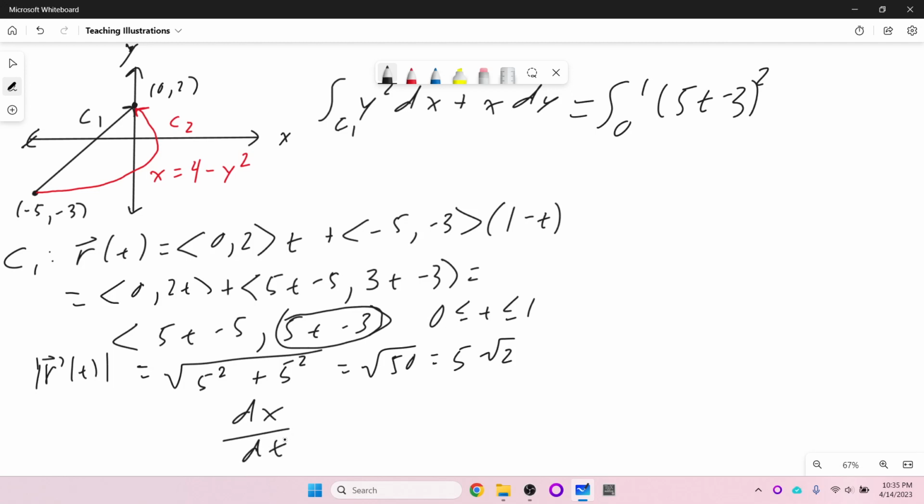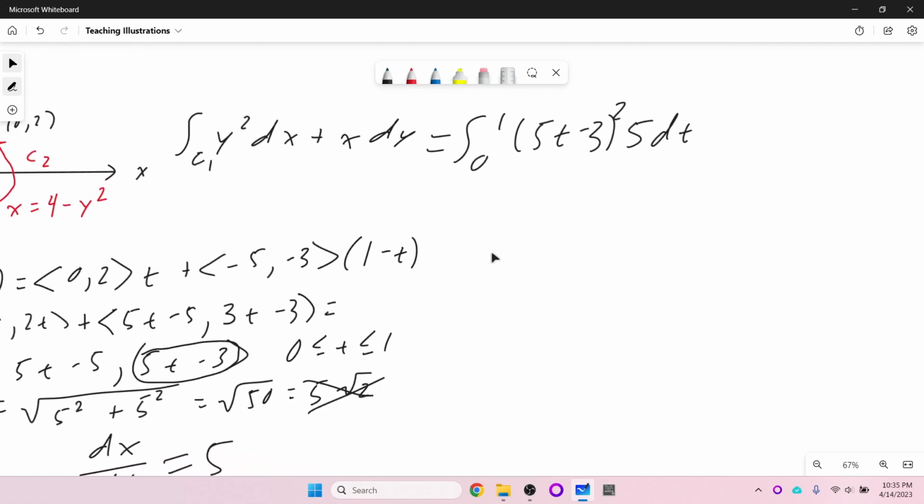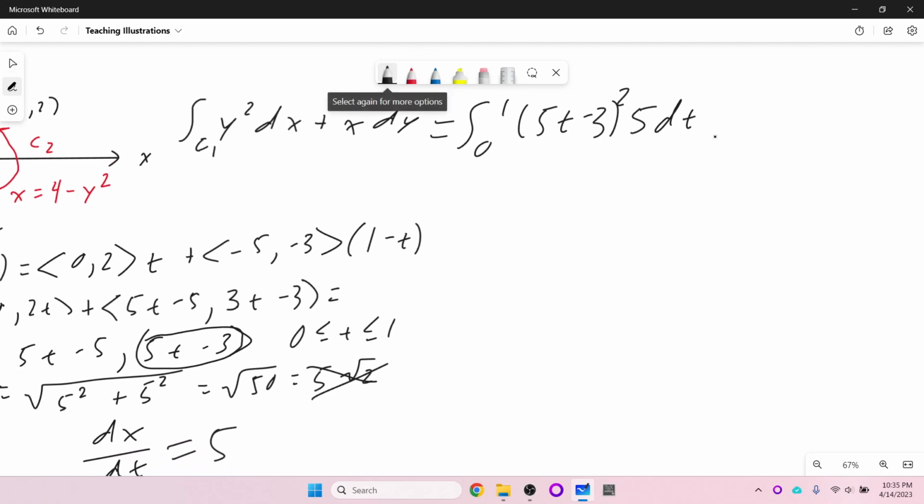Oh, we don't actually need this, do we? Because since it's dx, dx over dt is just 5. So we just multiply by 5 dt instead of that 5 root 2. I'm saying my notes were confusing, and I hope it didn't confuse you too badly.